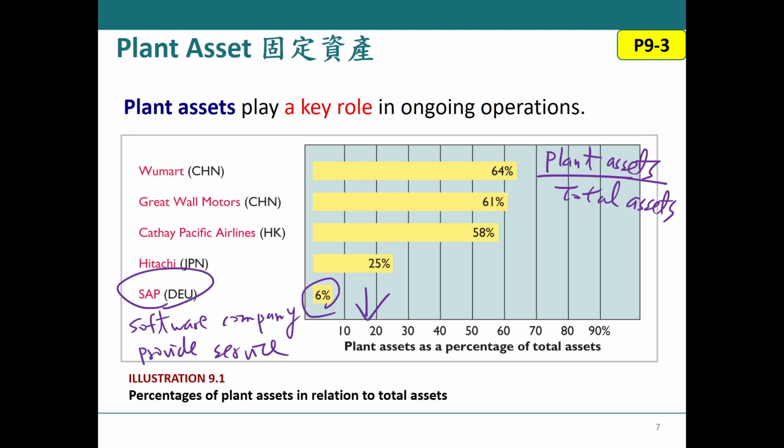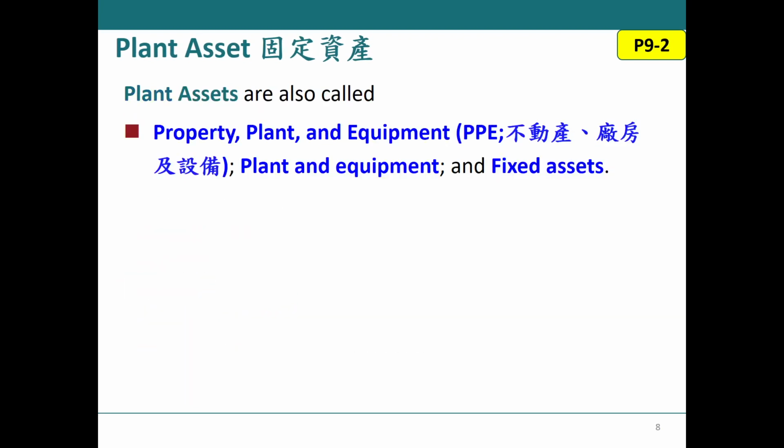Okay, so if you have no problems, let's look at plant assets. Plant assets, 固定资产, sometimes we will call by another name, like what? Property, plant and equipment, PPE, 不动产、厂房、设备. P is property, P is plant and equipment, E. PPE.